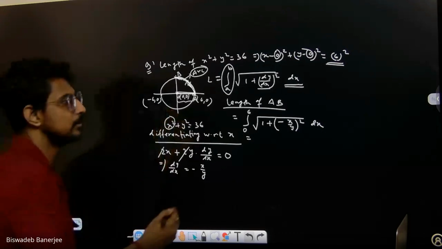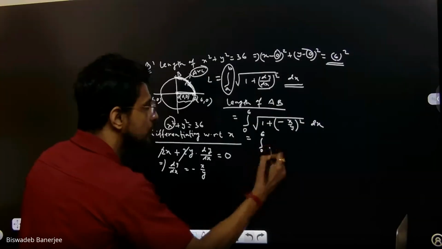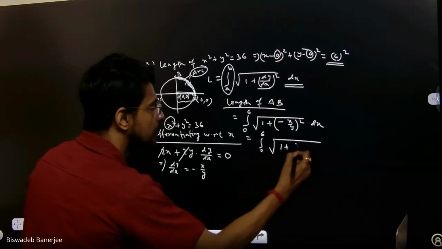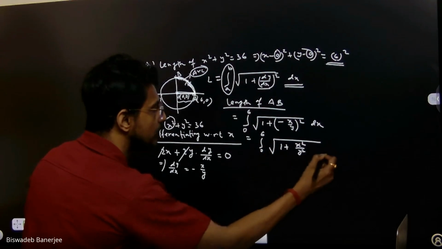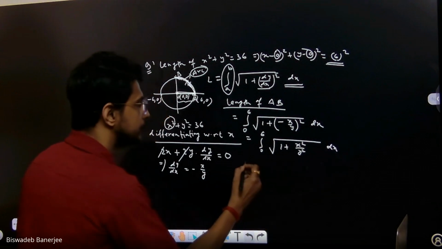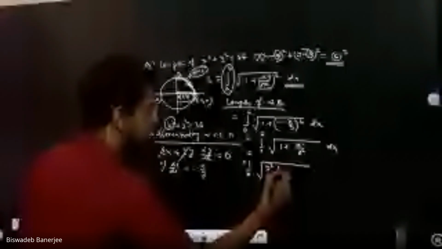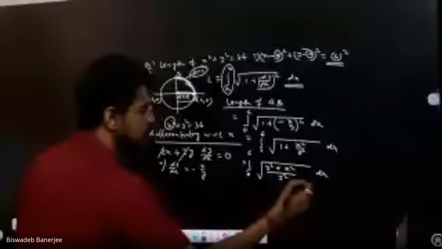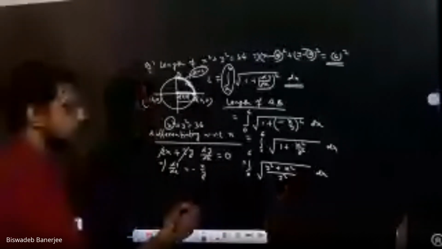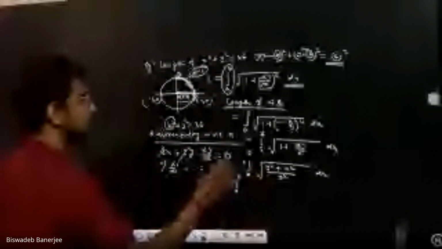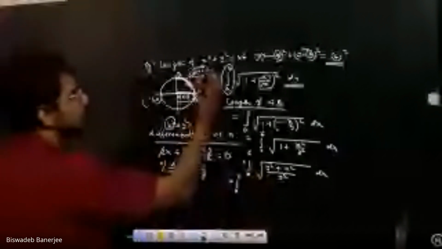So this is integration 0 to 6 root over 1 plus x square by y square dx. This is equal to integration 0 to 6 root over y square plus x square by y square dx. Now, what is x square plus y square?